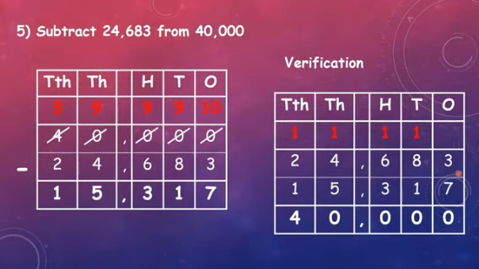So while adding, 7 plus 3 is equal to 10. 0 here, 1 carried to the tens place. 1 plus 8 plus 1 is again 10. 1 carried to the hundreds place. 1 plus 6 plus 3 is 10 again. 1 carried to thousands place. 1 plus 4 plus 5 is 10 again. 0 at the bottom and 1 carried to 10,000 place. Here 1 plus 2 plus 1 becomes 4. So 40,000 is what we have got as the sum, which happens to be our minuend. So our problem is verified.